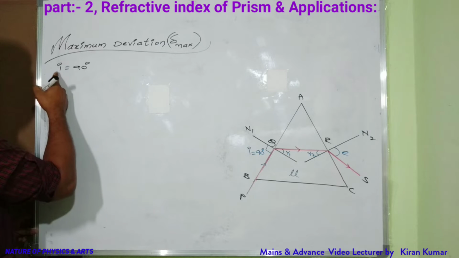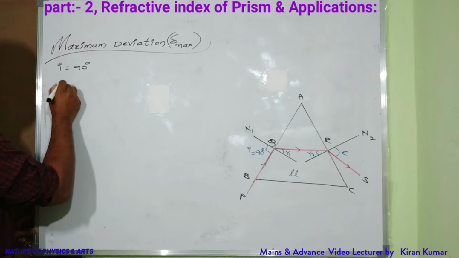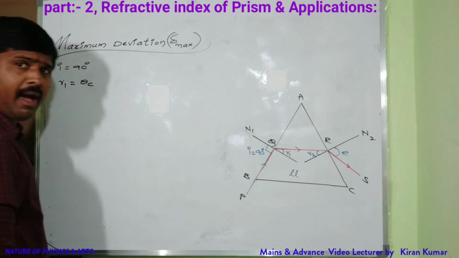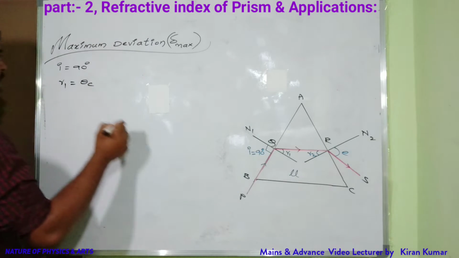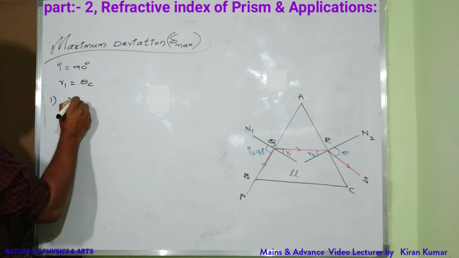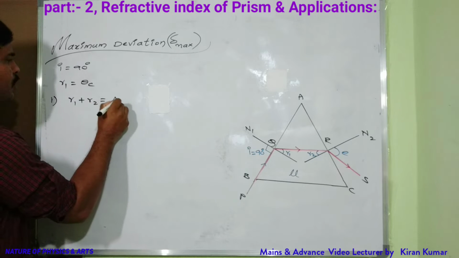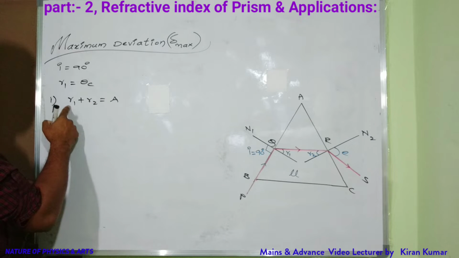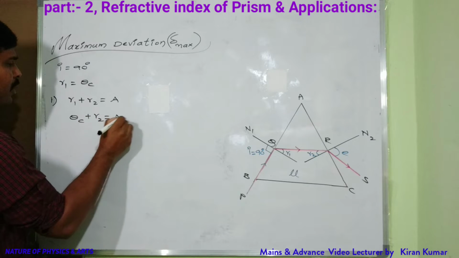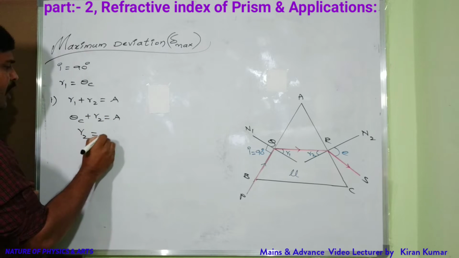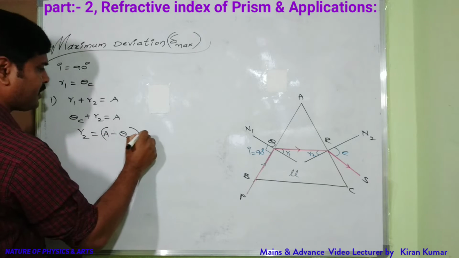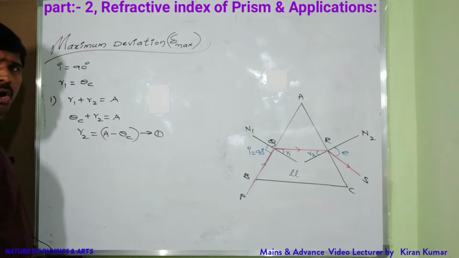Before going to that, i is equal to 90 degrees and r1 is equal to theta C, the critical angle, and we can write the relation here. The first relation is r1 plus r2 is equal to A. Here r1 is equal to theta C, the critical angle. From this equation, r2 is equal to A minus theta C. This is taken as equation number 1.